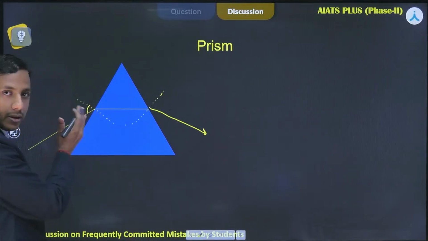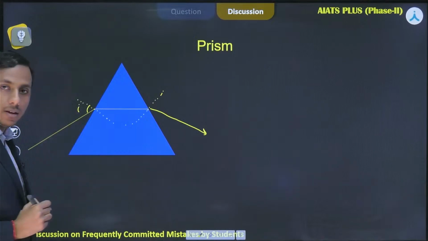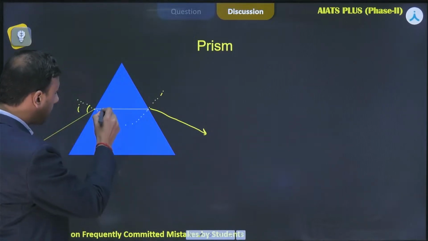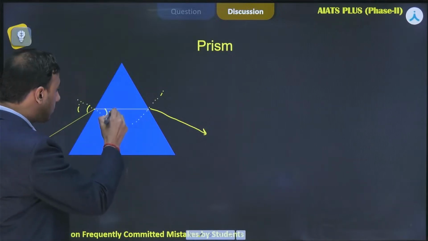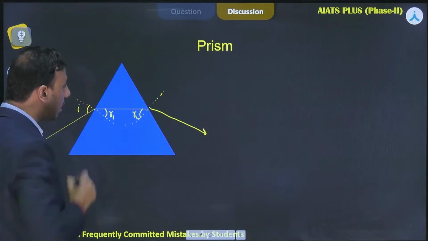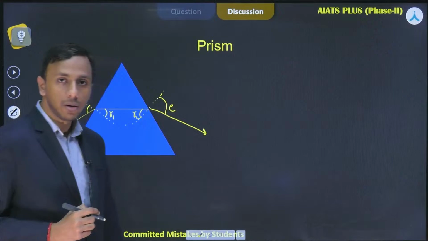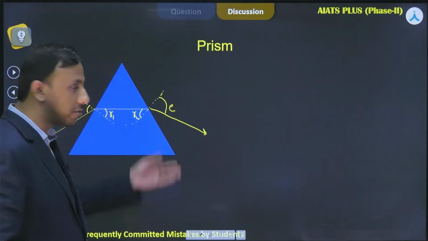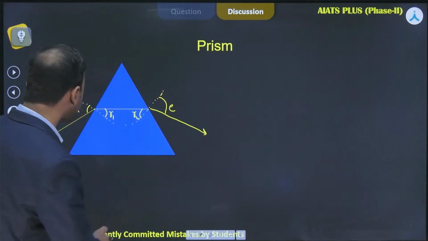The angle between the incident ray and the normal, we call it as angle of incidence, I. Then this angle, refracted ray and normal, this we call it as R1. This would be your R2. And this one will be your emergent angle, right? Or angle of emergence, angle between the emergent ray and the normal.